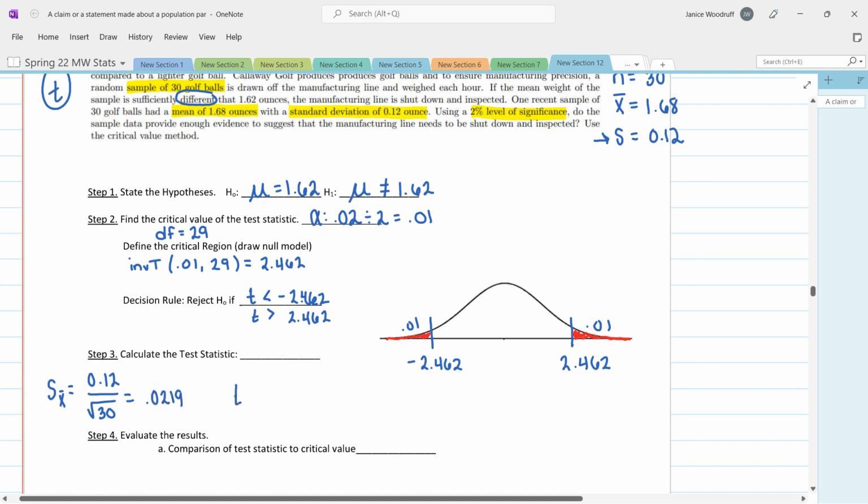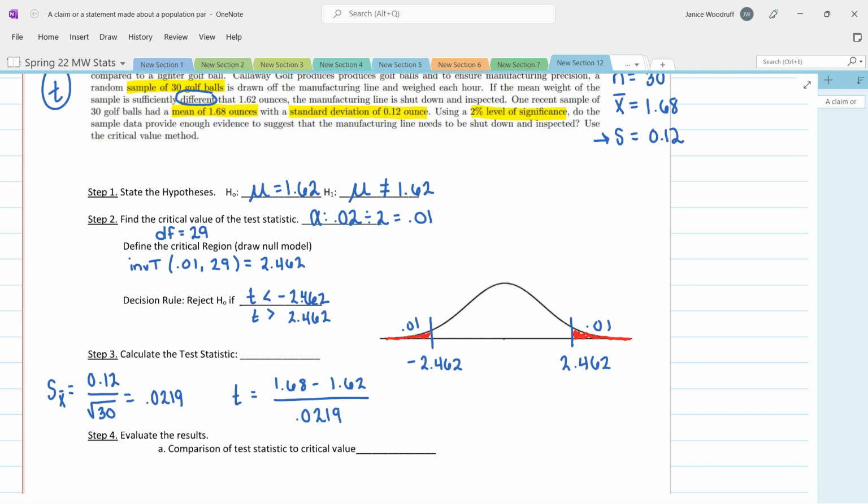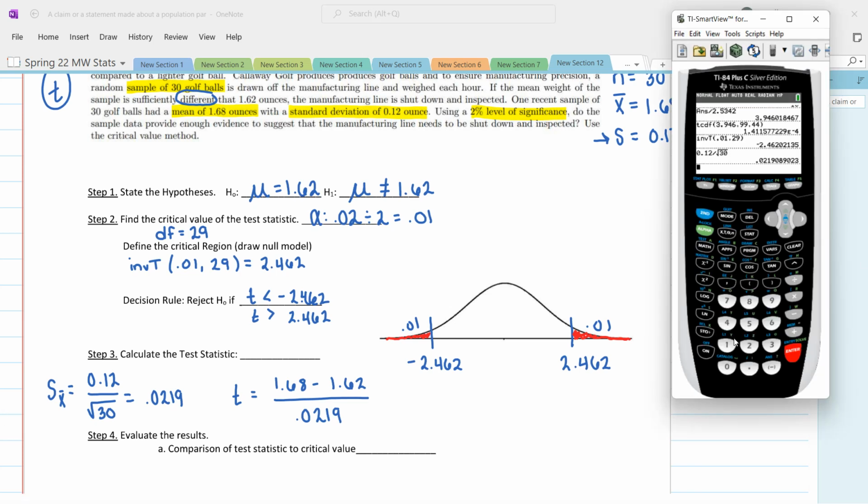Okay, then we're going to do the t-value, which is going to be x bar, so 1.68 minus the mean, 1.62, over our sample standard deviation, 0.0219. Okay, so 0.06. So 2.7397.